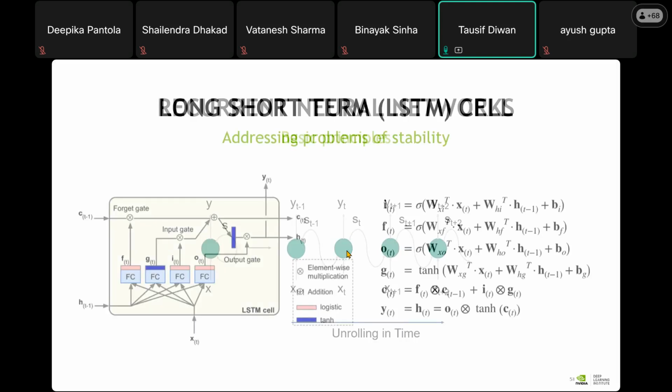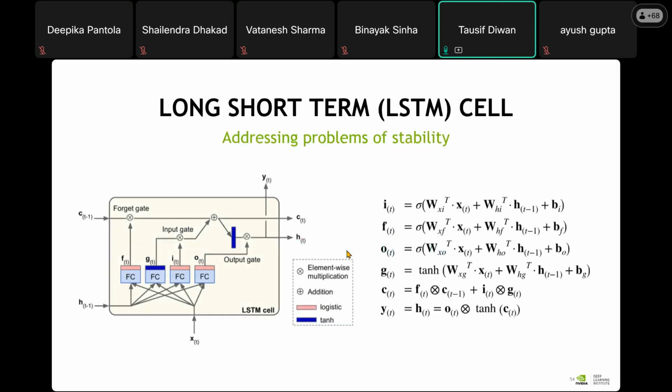RNN suffers from some problems such as the vanishing gradient problem and long-term dependency handling. Then we introduced other advanced architectures that can handle these RNN issues, such as long short-term memory and the gated recurrent unit.